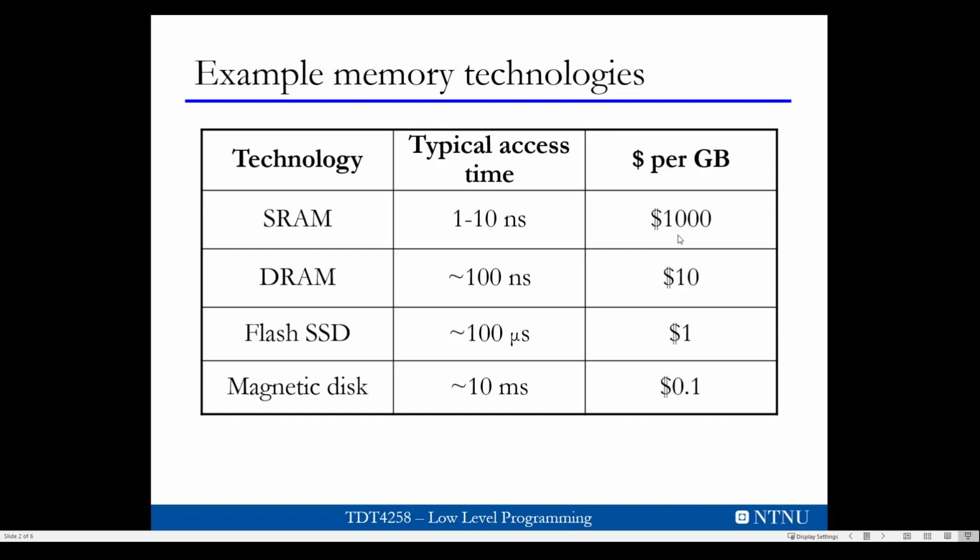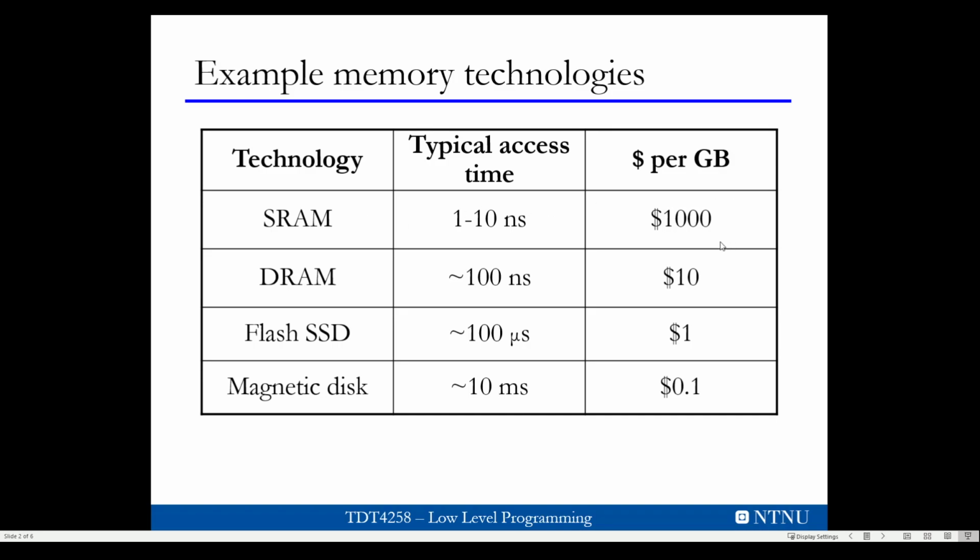Now, if we put this number in perspective, an average laptop costs somewhere around $1,000 and sometimes less. If you have 1 gigabyte of SRAM, your SRAM itself is as expensive as your complete laptop. So it's just not really a good idea to fill 1 GB of memory using SRAM.